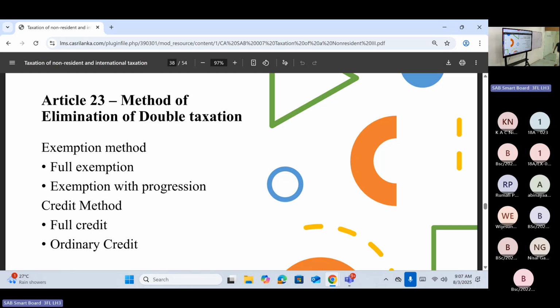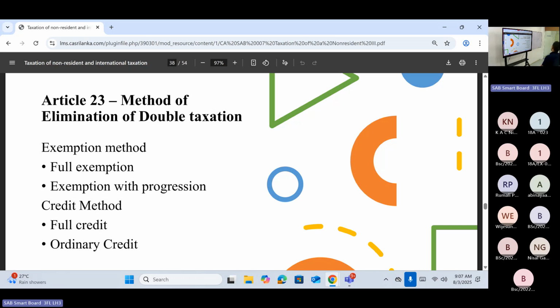Because the tax was paid in the source country, the resident country gives a tax credit. You can see that in international law also: foreign tax credit. That is the definition. Sri Lankan tax law also considers this. Previously we didn't have it, but even before that, the agreements discussed giving foreign tax credit.